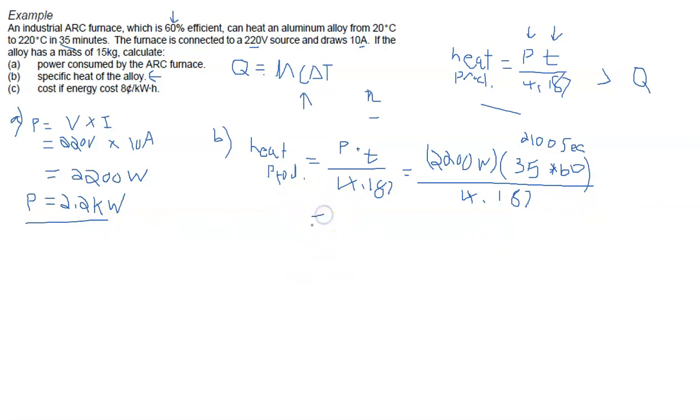And so the heat produced comes out to be 2200 multiplied by 2100 divided by 4.187. And that is, and I kept 4 significant digits, 1.103 times 10 to the 6 calories.